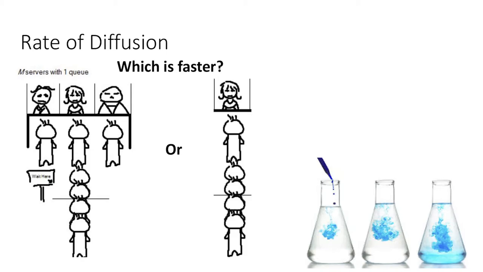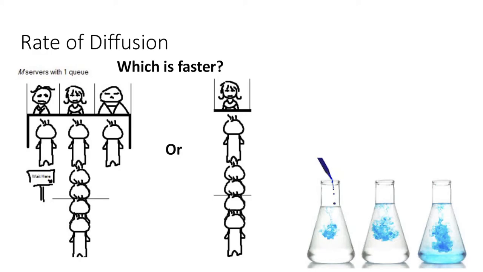Additionally, we find that a larger surface area also provides a faster rate of diffusion. Think about a queue line at a shop. If there are multiple cash registers open, then there's going to be less time spent in the queue because there's more people to serve the customers. If there's only one queue line, however, each person in that queue has to wait for that single person on the cash register to move them through.